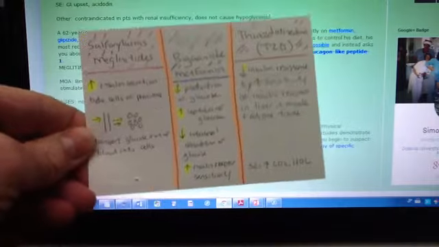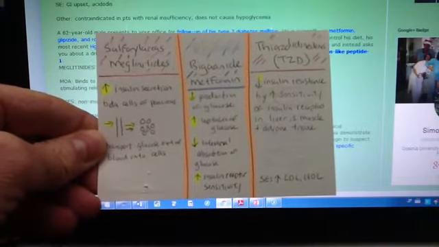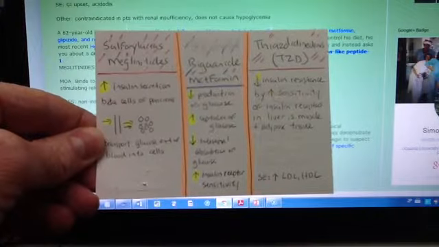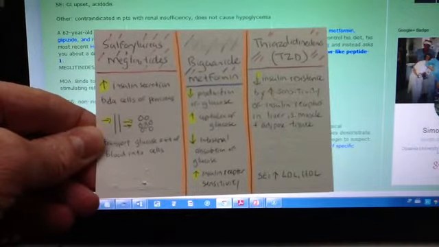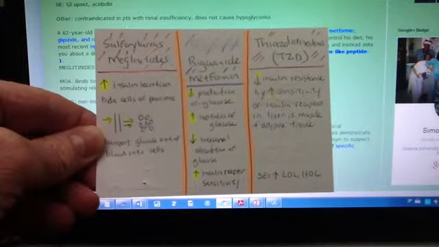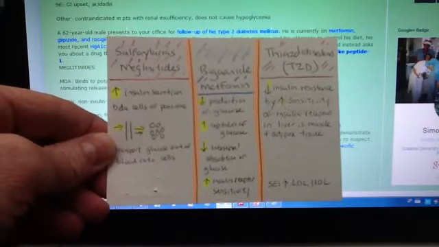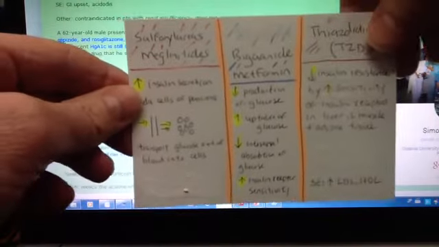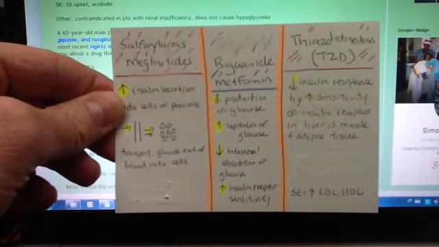If you can see this, the meglitinides are similar to the sulfonylureas in that they increase the insulin secretion from the beta cells of the pancreas, and they force the insulin out of the blood and into the cells. So one difference here would be the side effects, weight gain and hypoglycemia. So try to recognize these keywords here.